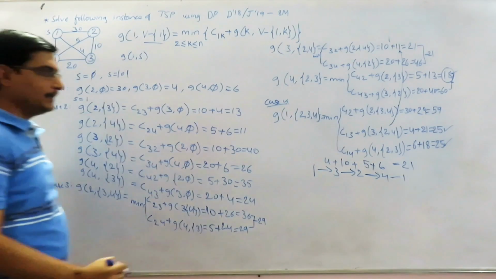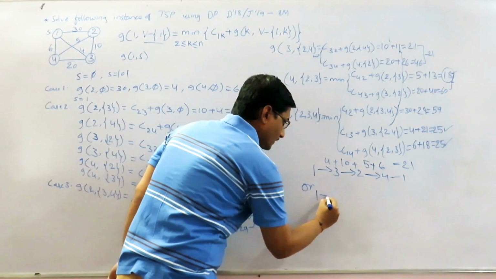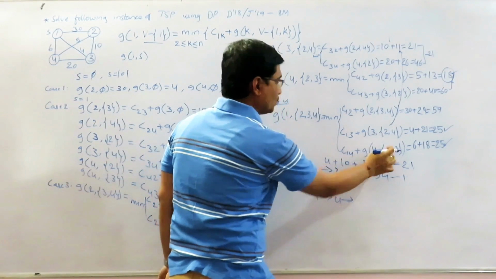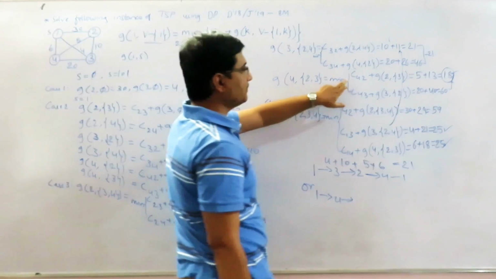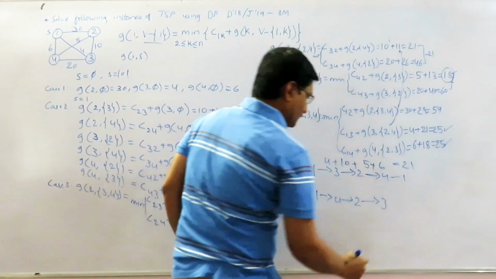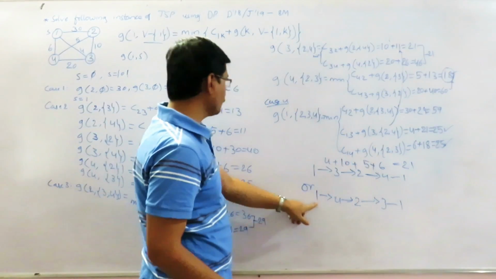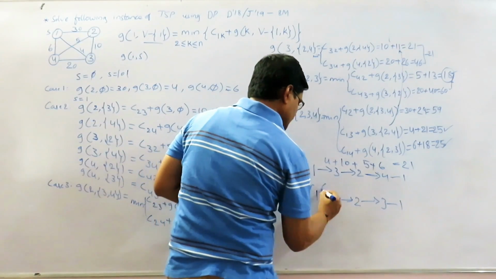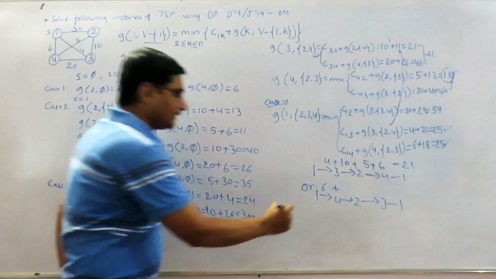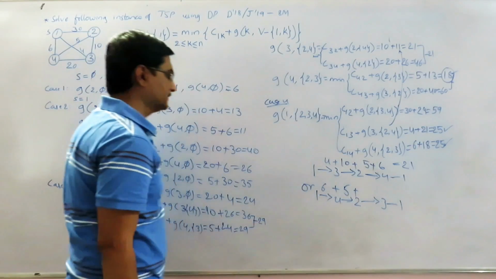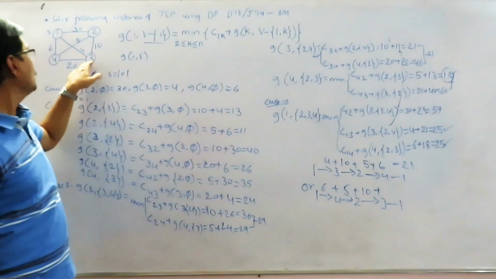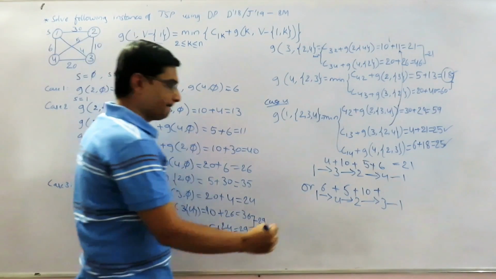Or he can follow 1 to 4, then 4 to 2. This minimum we have got from 4 to 2, 2 to 3, 3 to 1. 1 to 4 is 6 plus 4 to 2, that is 5, plus 2 to 3, that is 10, plus 3 to 1, that is 4.